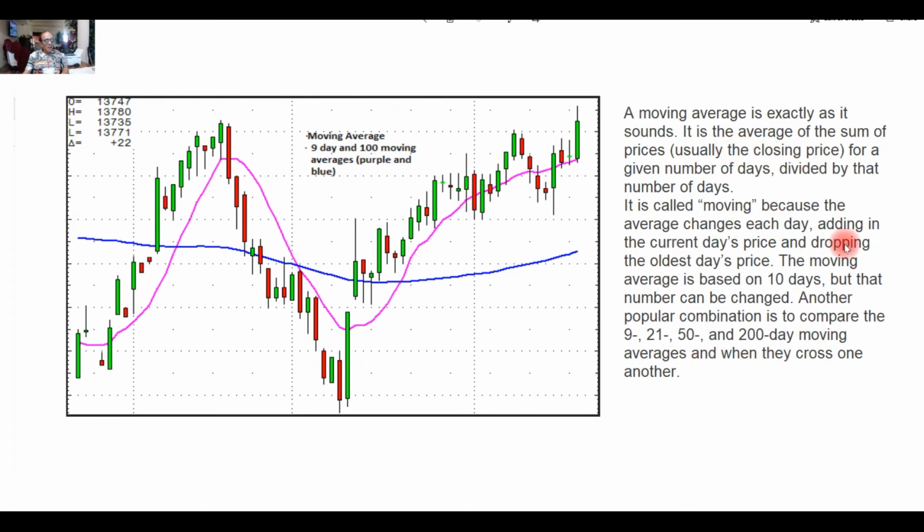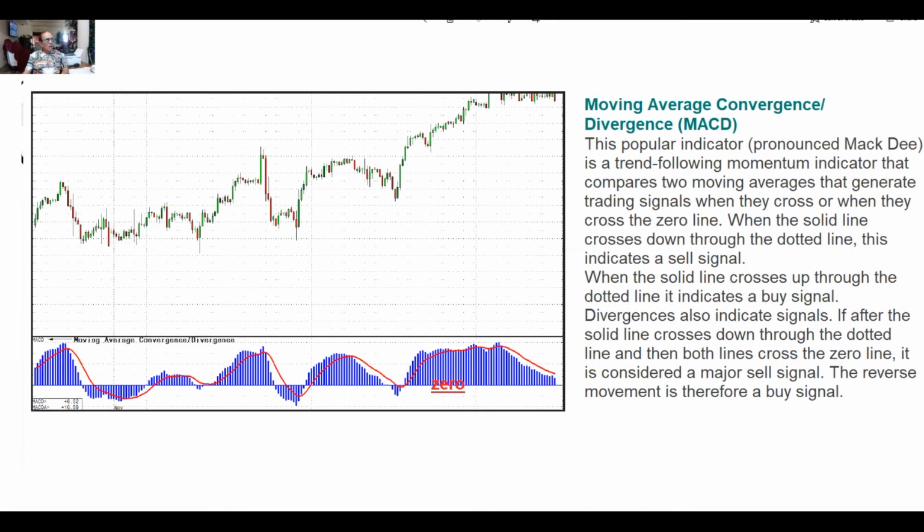They take 9 days, add the prices all up, and divide by 9, and this gives you the average price of the last 9 days. So you always drop one. This one takes the price of 200 days, so it's smoother, because it takes longer to develop, to see the line and see where we're going.